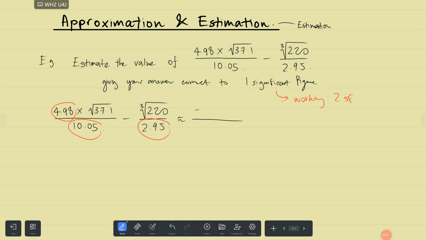You get 5.0 and 10.05. 5 will tell you to round up. If you get 0, it will tell you to round down because of the third SF, and you get 10. So you have 2SF, 2SF, and minus 2.95. 5 tells you to round up, and you get 3.0 again.